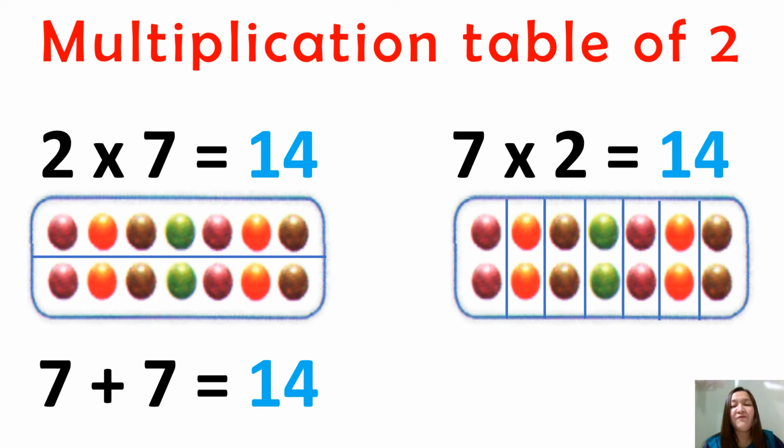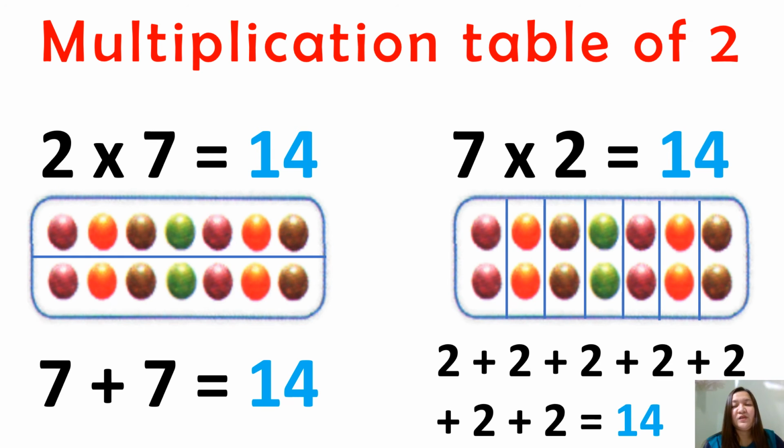So we have 7 groups of 2. And how do we write this in addition form? 2 plus 2 plus 2 plus 2 plus 2 plus 2 plus 2 is equal to 14.